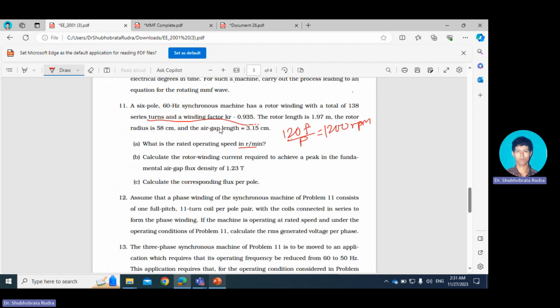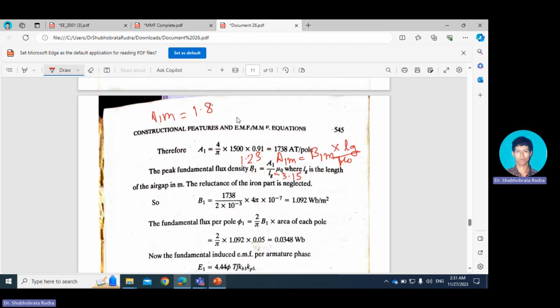Here it is given, somewhere, 138 series turns in total. So you should divide 138 by 6 to find the turns per pole, which is 23 in my calculation.